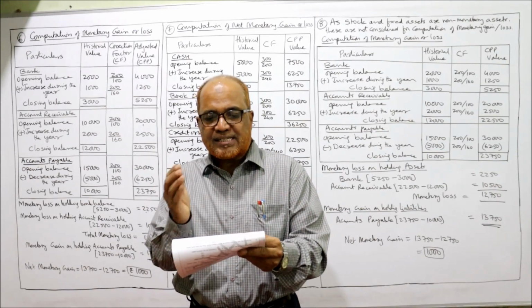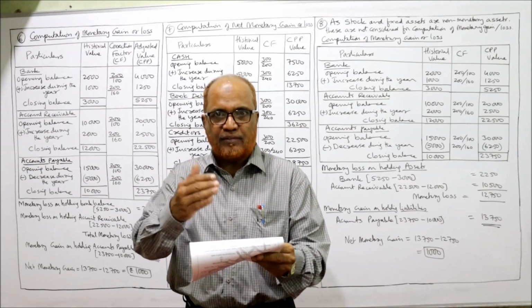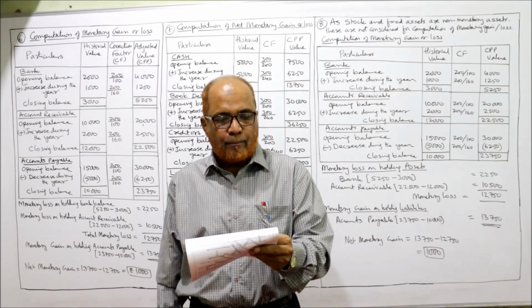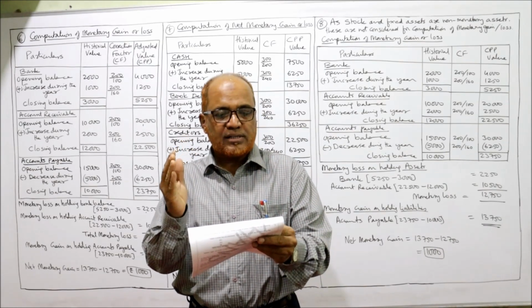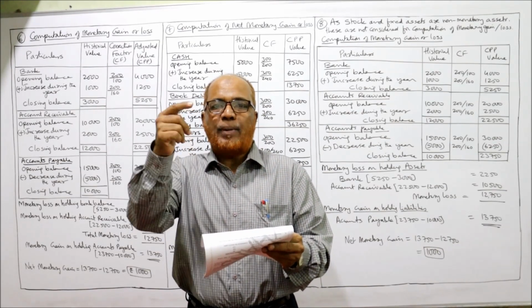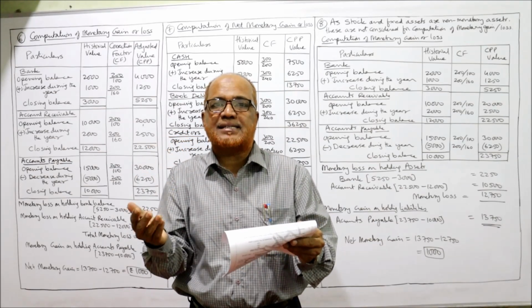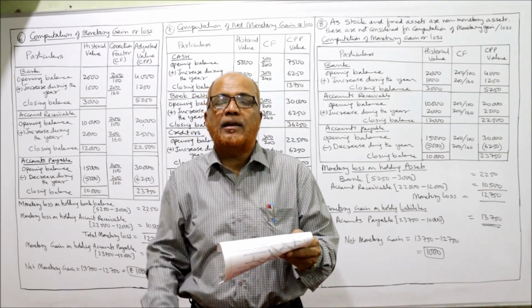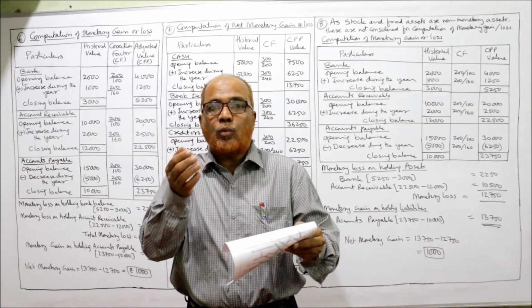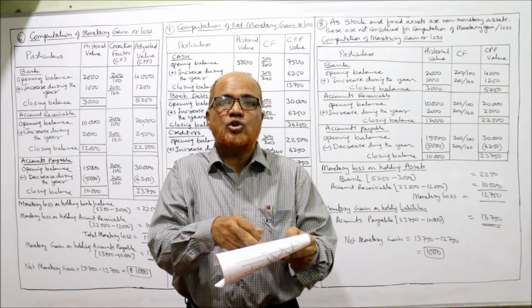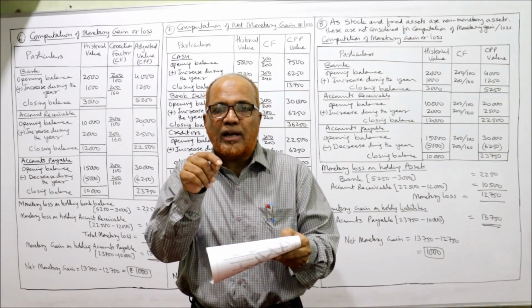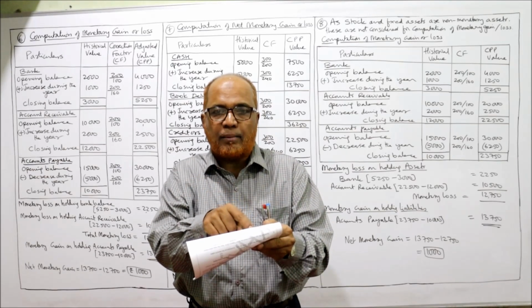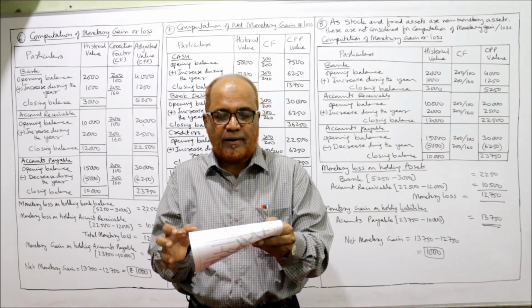Here 2000 start, 2000 end. Beginning of the year 2000, end of the year 2000. Bank, account receivable, accounts payable. The bank and account receivable are assets and account payable is a liability. So we are going to get the gain on accounts payable, and we are incurring monetary loss on holding bank balance and account receivable.